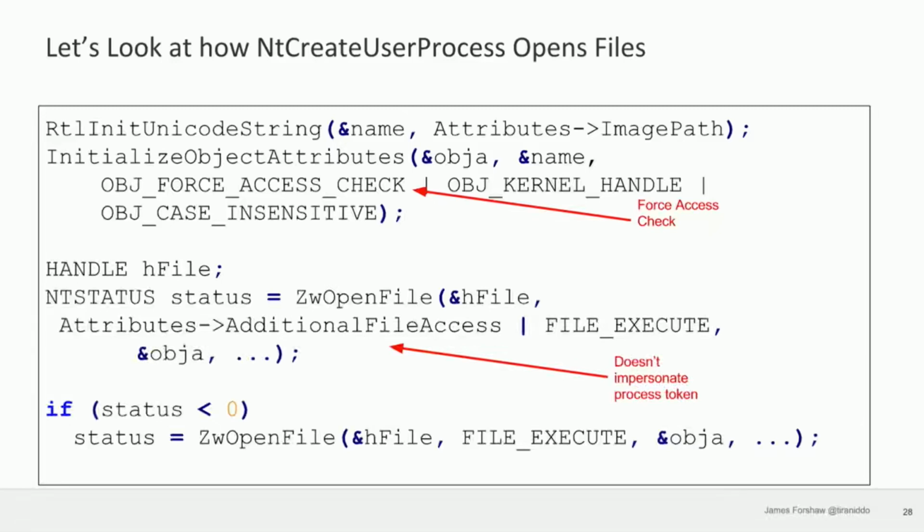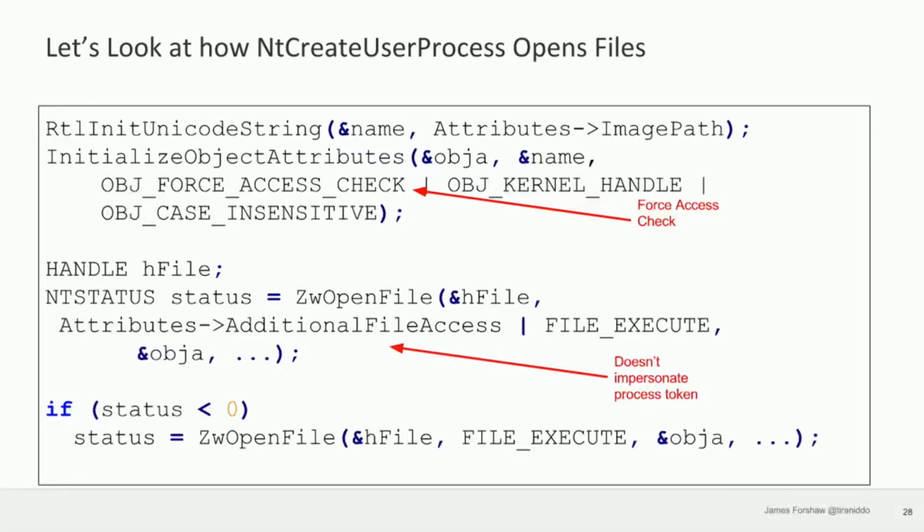Because if you look at how the underlying APIs create processes, when it opens a file, it first goes, OK, I need to open this file. I'm going to make sure that I force an access check. I'm going to make sure that this user is allowed to open this file. If it's not allowed to open this file, obviously, access denied, go away. But of course, there's no impersonation at this point.